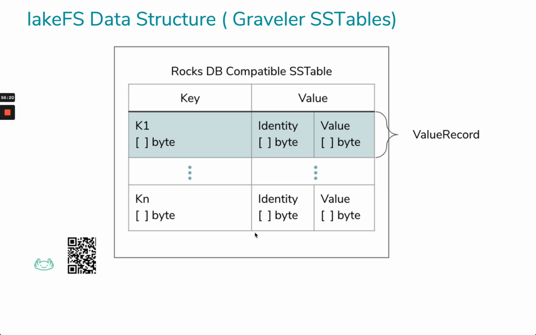This was inspired by a lot of work that comes from the world of databases. It's very interesting to understand how we connect the keys to the actual values and build the identity that represents a value record for lakeFS, or a file that got changed, and so on. Under the hood, it uses a Merkle tree.